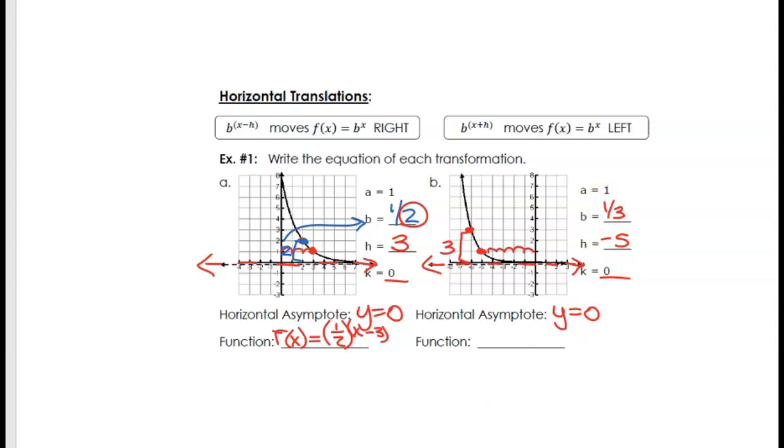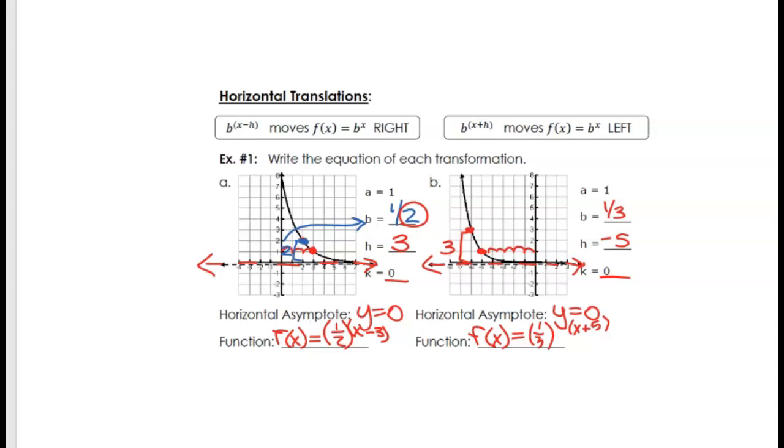Is that okay? All right, so the function f of x equals the base, which is 1/3, to the power of x plus 5. There you go. Is there anything that you want to ask before we go on to the next one?